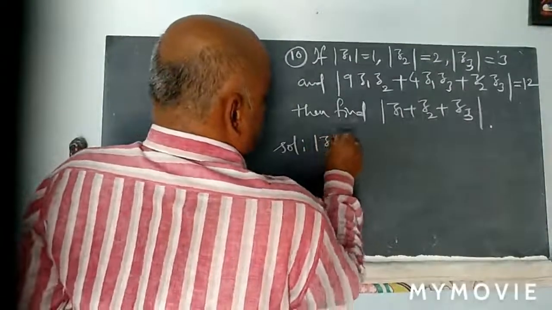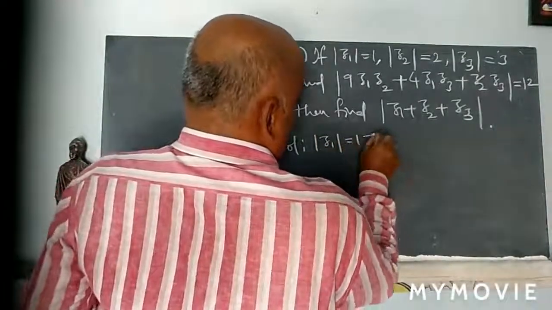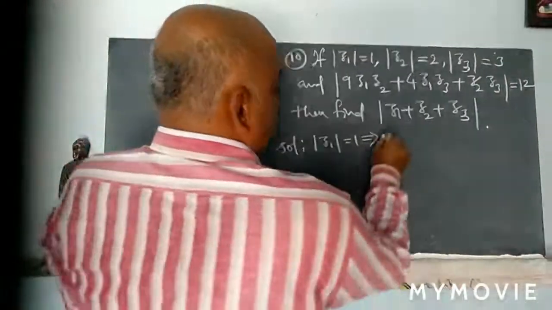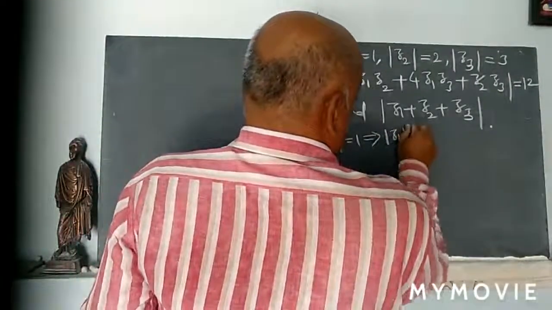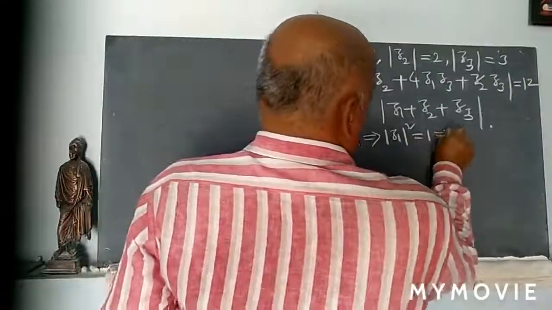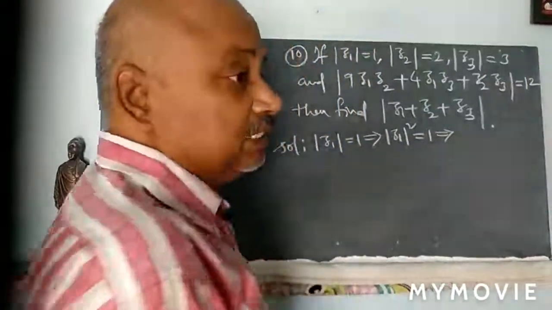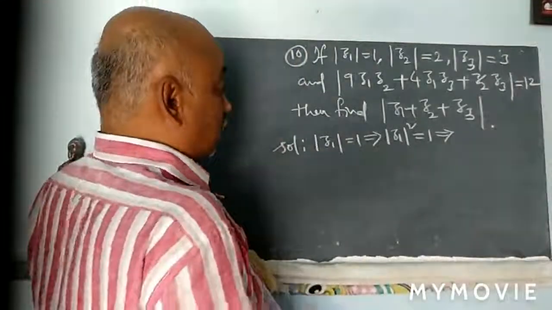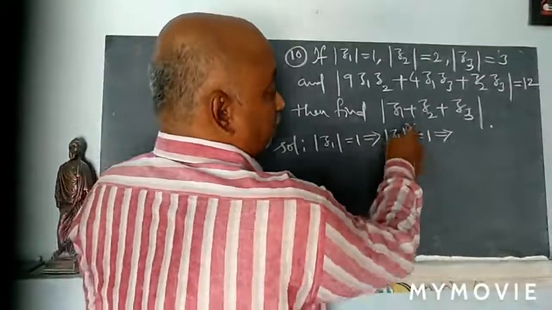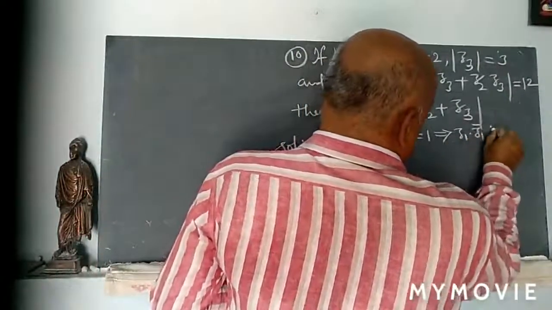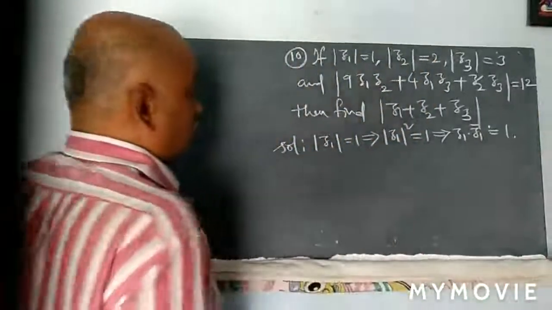|z1| = 1. Taking square on both sides, |z1|² = 1², which is 1. Recall that |z|² is z into z bar. So here |z1|² is z1 into z1 bar, which equals 1.